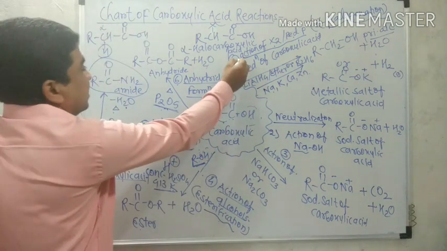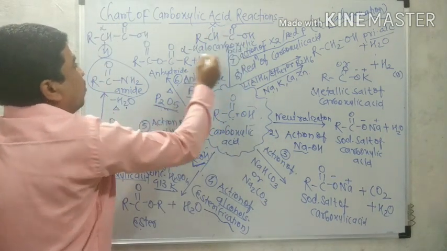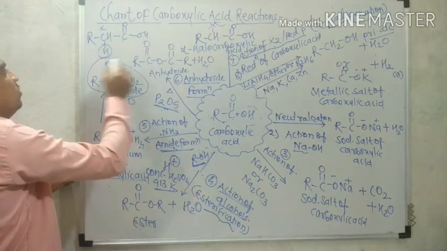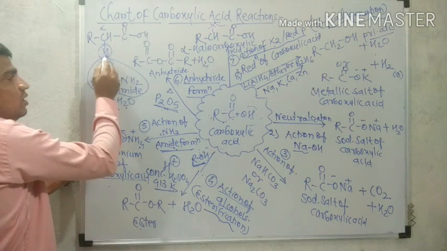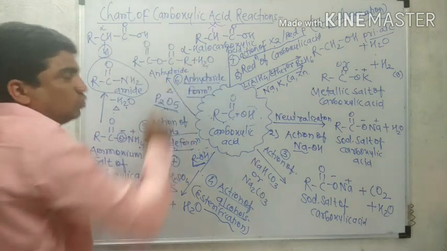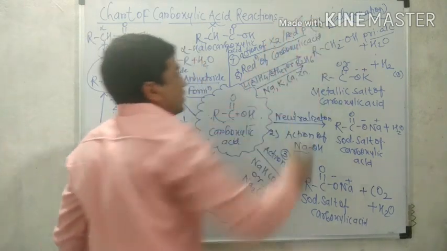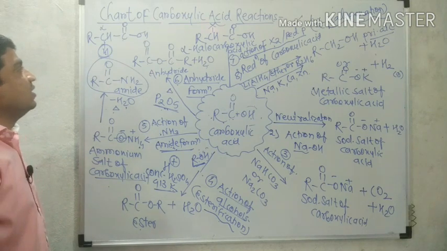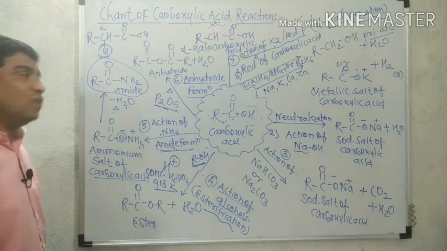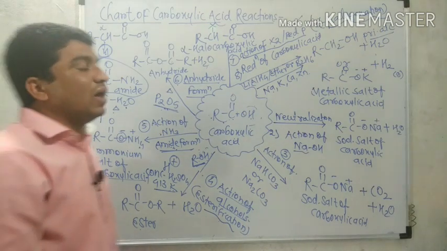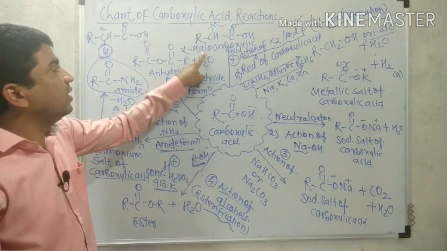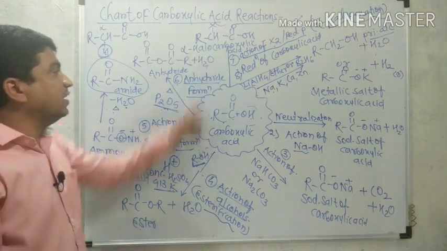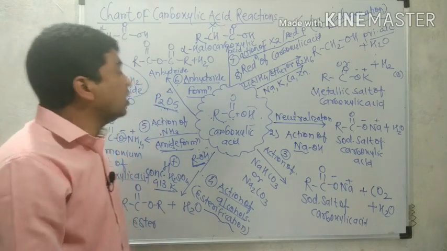When a carboxylic acid that contains alpha hydrogen reacts with halogen in the presence of red phosphorus, the alpha hydrogen atom is replaced by a halogen atom, therefore the reaction is called alpha halogenation reaction. Here alpha halocarboxylic acid is obtained, RCHXCOOH. That is reaction number 7. This is also an important reaction.